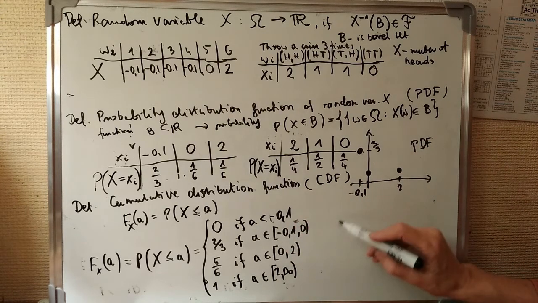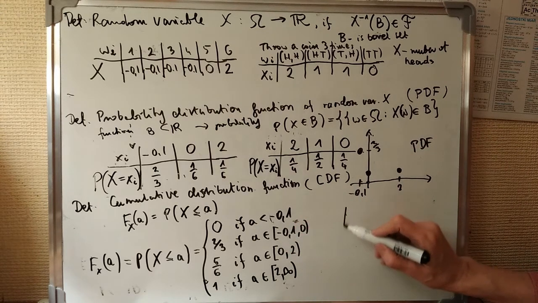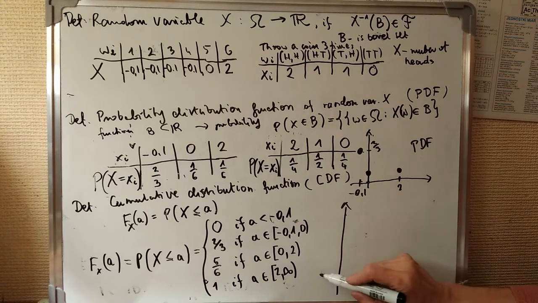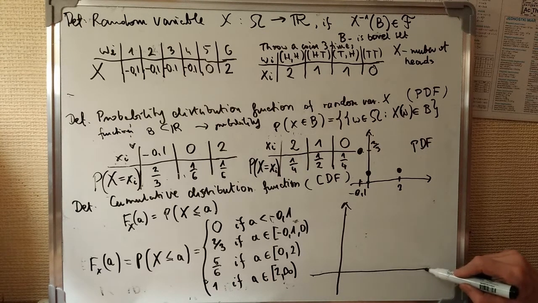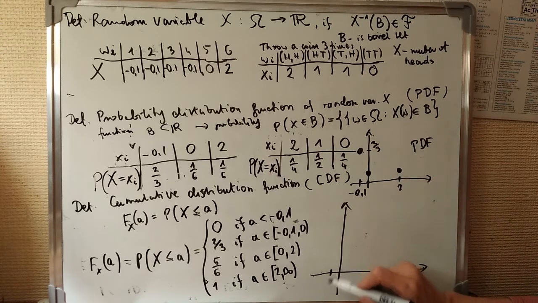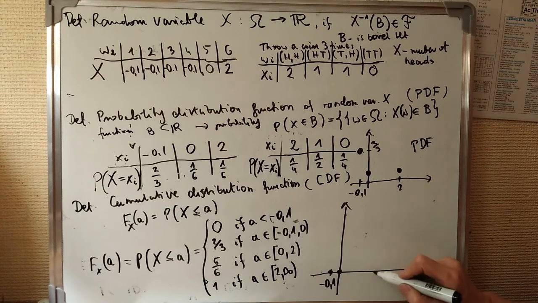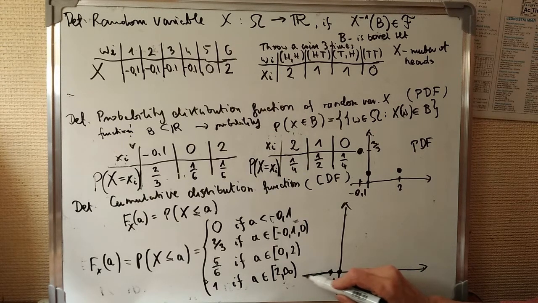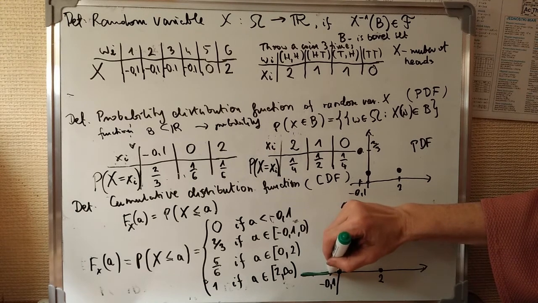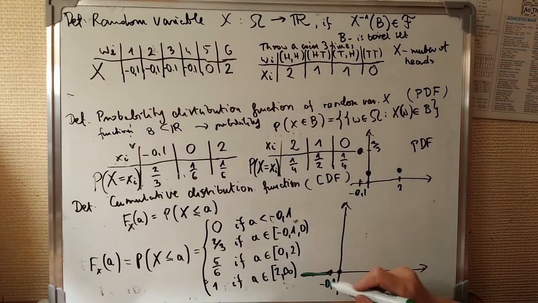Okay, now what's the graph of the cumulative distribution function? It's more interesting. So minus 0.1 is important, 0 is important, 2 is important. So it is completely 0 until we get to this point, until here, and open.